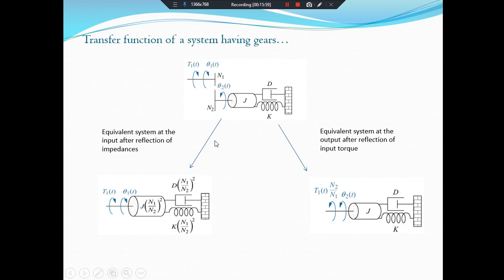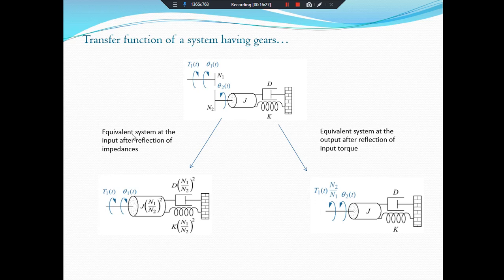Okay, now it's very important that if we want to reflect torque from the input side to the output side, and if we want to reflect the impedances, then this will be the equivalent diagram. This is the equivalent system at the output after reflection of input torque.